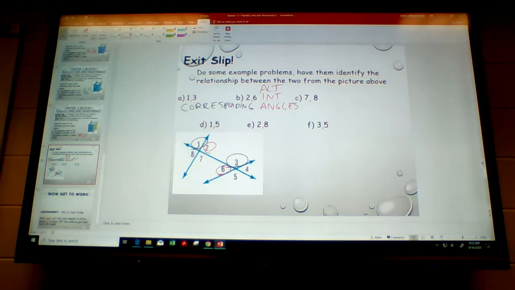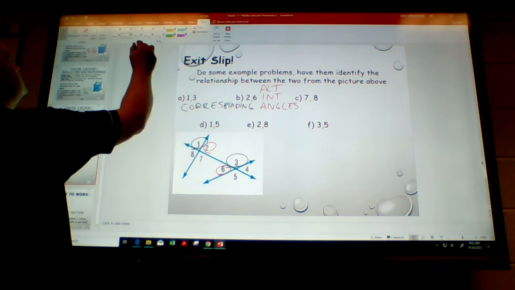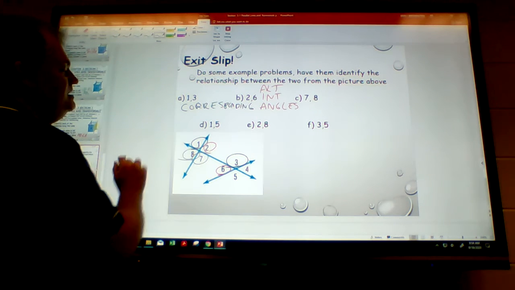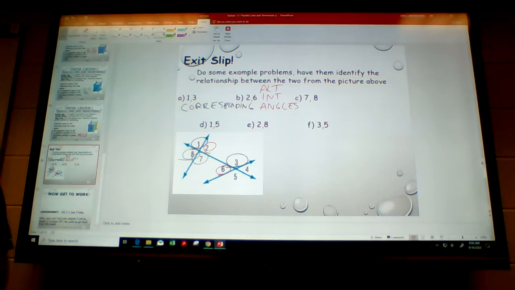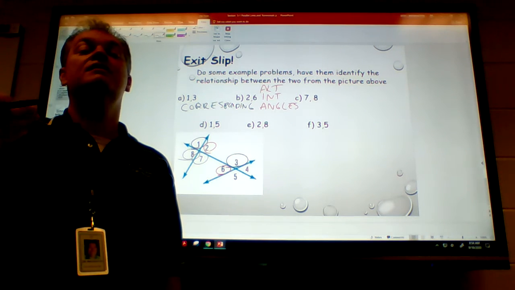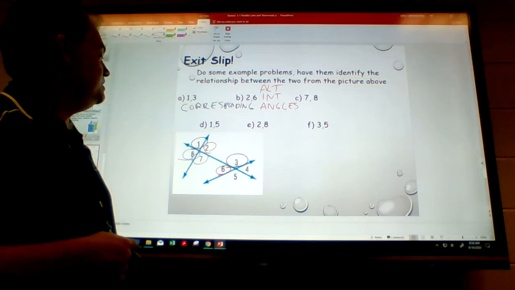All right, now I've got 7 and 8. They're right next to each other. They're none of the relationships we talked about today, but they are something we talked about before.